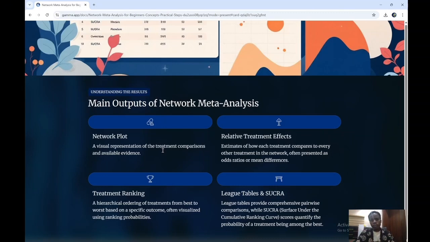Another thing that's also going to be important to us in this course is the relative treatment effect. Just think of it as the overall effect when you're doing a traditional meta-analysis. But in this case, we're going to be looking at estimates of how each of these treatments compares to every other treatment in the network, because we have several nodes connected with several lines. Remember how I explained it in my previous slide.